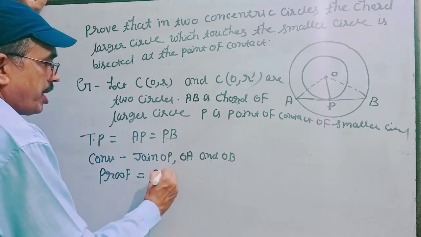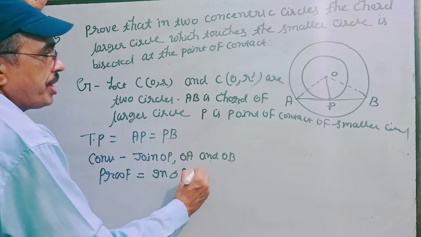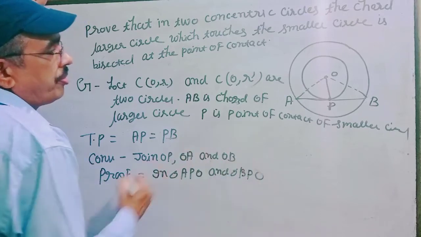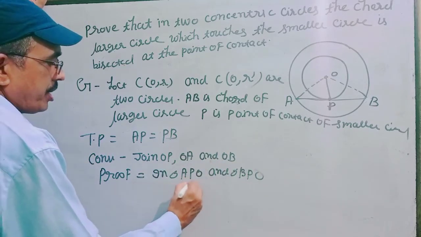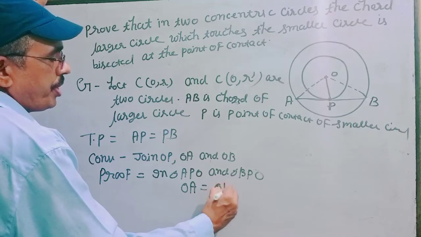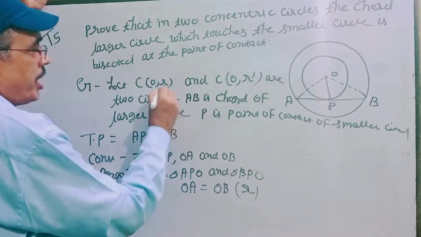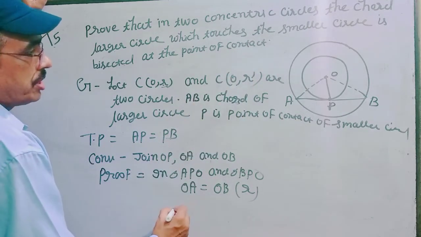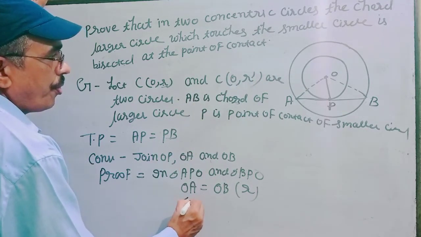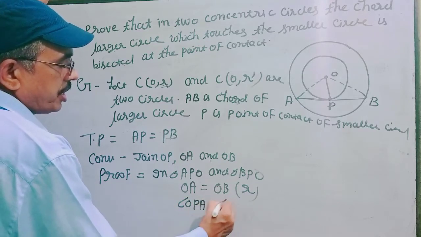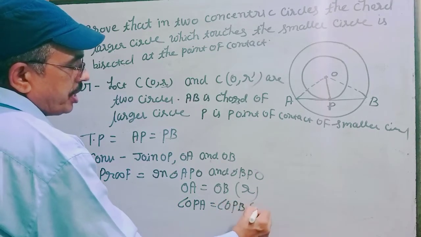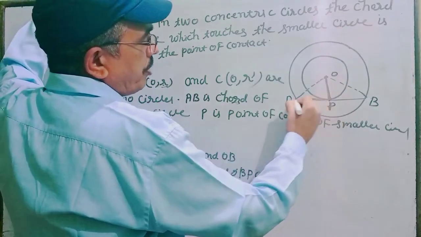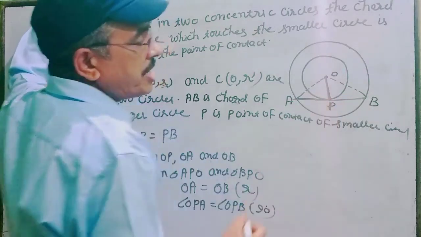So we write in triangle APO and triangle BPO. What is given? You can write OA is equal to OB. Both are radii. I write here R. Both are R in the larger circle. Next, angle OPA is equal to angle OPB. It is 90 degrees because OP is the radius and P is the point of contact of the tangent.